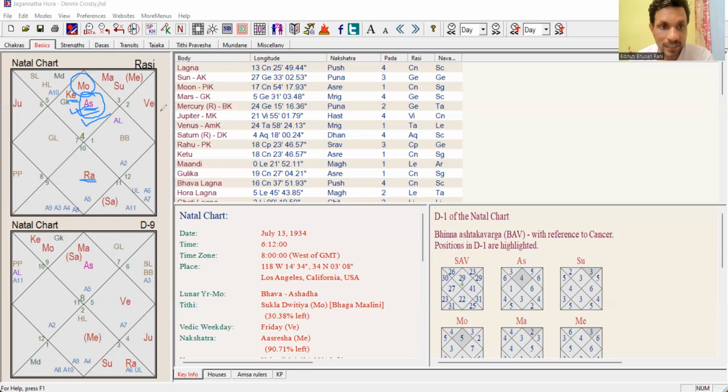Next, you must see the Atma Karak of that native. The planet having the highest degree is the Atma Karak. For this chart, Sun is the Atma Karak. The placement of Sun is very important because it is the king of the chart.